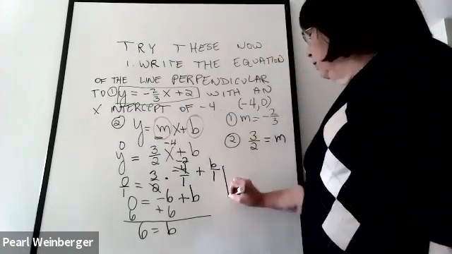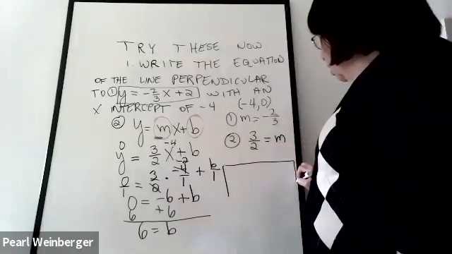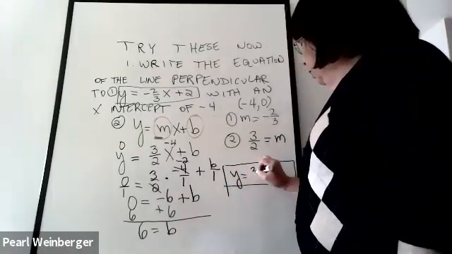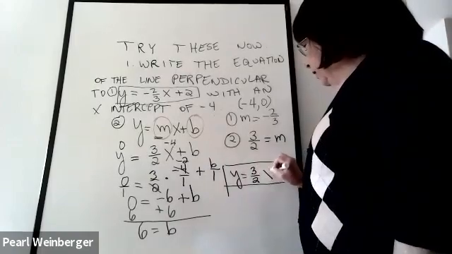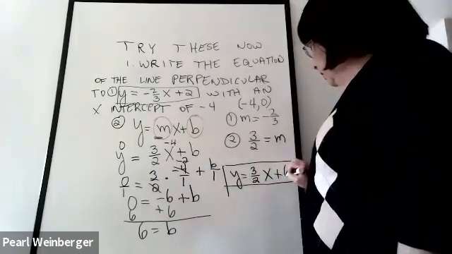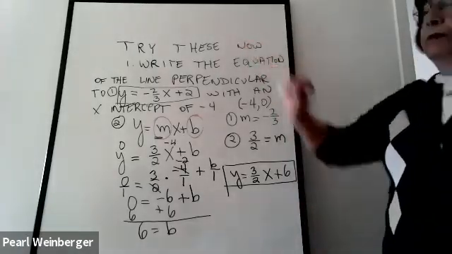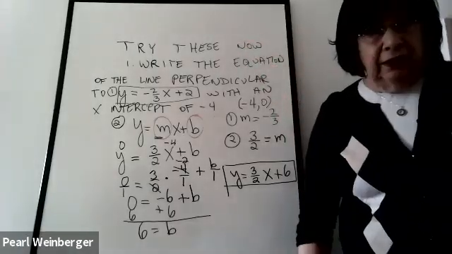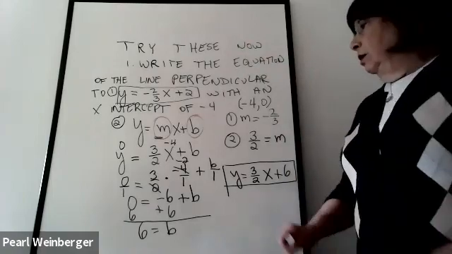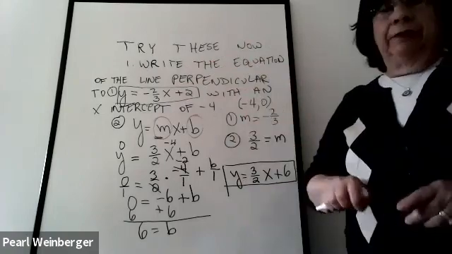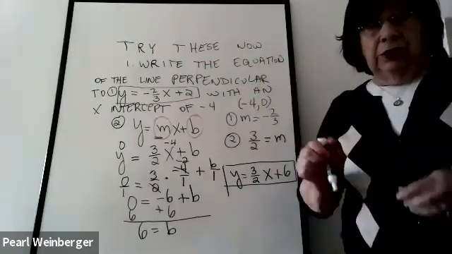So here's my equation: y equals 3/2 x plus 6. That's how you would do that example. How to write the equation of a line where we know it's perpendicular and we happen to know a point on it. The x-intercept was a point.